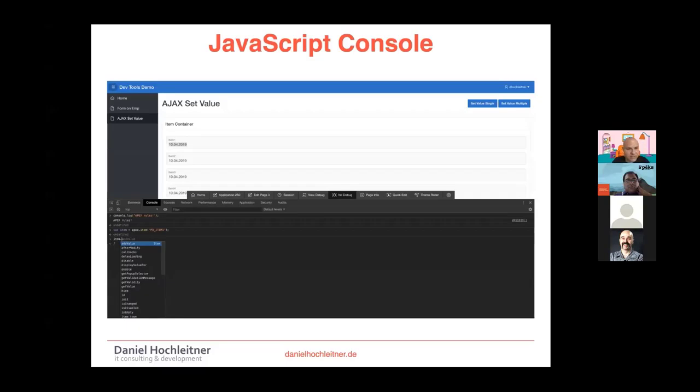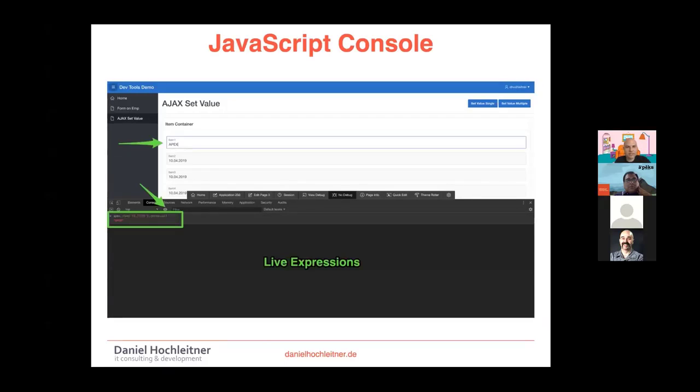So here you will see I will get an item variable with the Apex item function. And then you will have some autocomplete functionality to it. These are the live expressions. So in this example, my live expression is getting the value of an item. And as I type in, it gets output on the console.